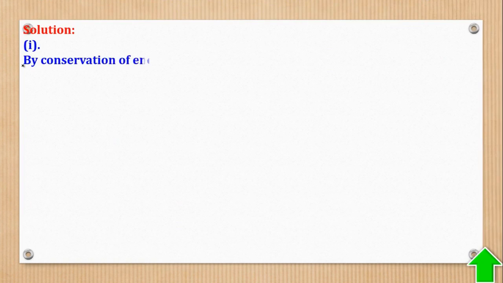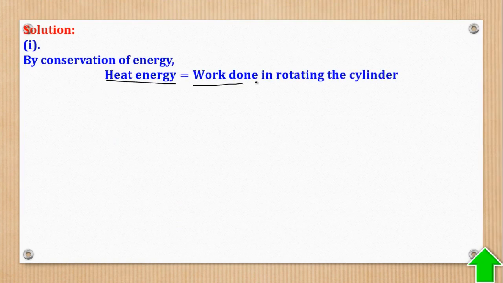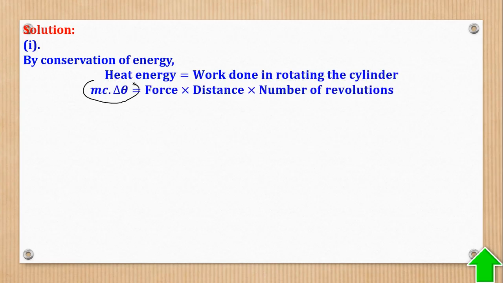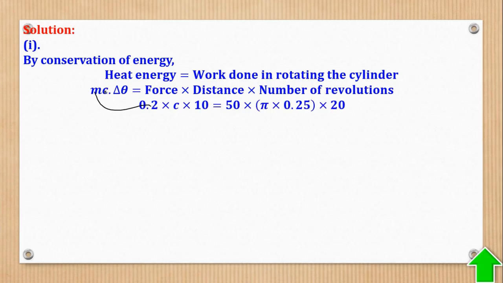So for Roman 1, we shall start by conservation of energy. Heat energy is equal to work done in rotating the cylinder. Heat energy is mc change in theta. Work done is force times distance times the number of revolutions. Then we'll substitute for mass, for C is what we want, and for change in temperature. Then here force, distance, and number of revolutions.